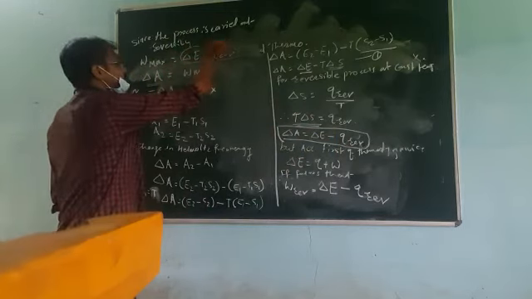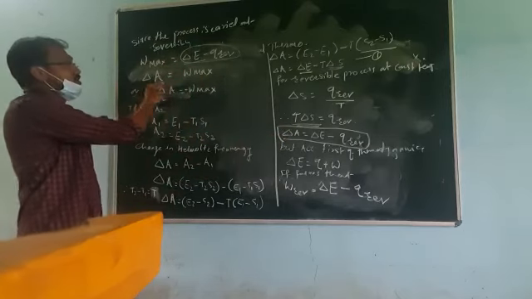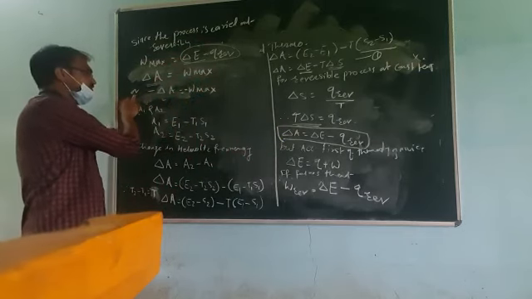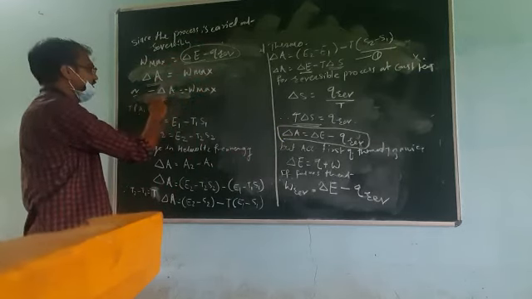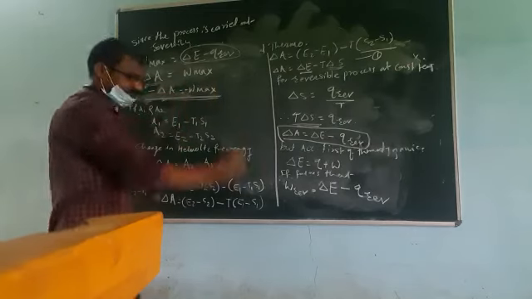This whole value is delta A. Therefore delta A is equal to W max, or minus delta A is equal to minus W max. This is the Helmholtz free energy.